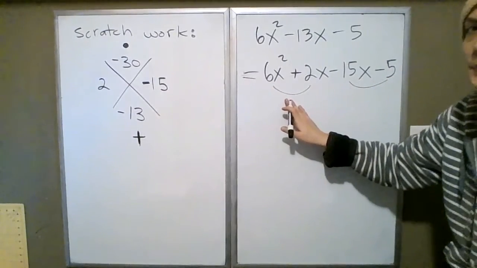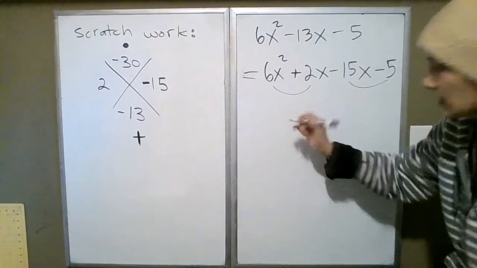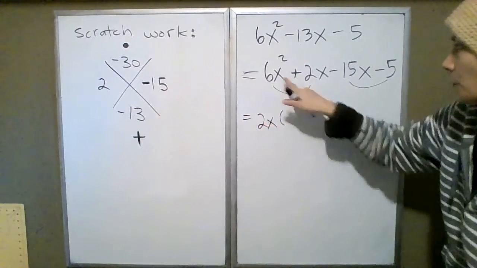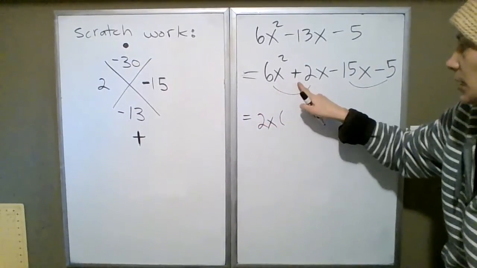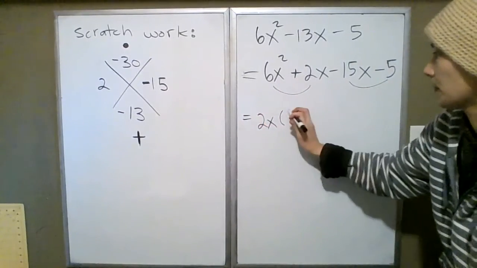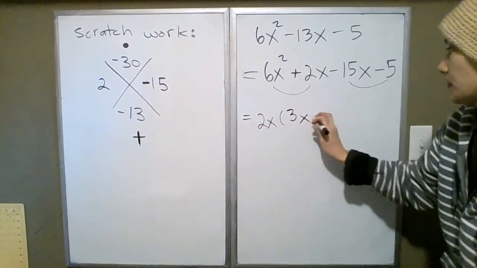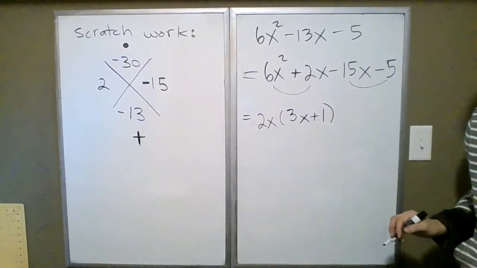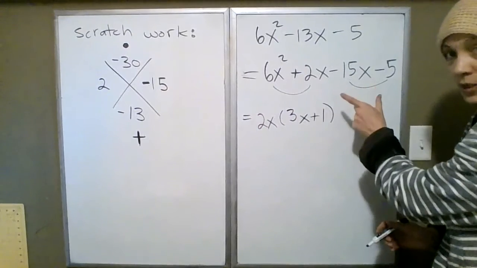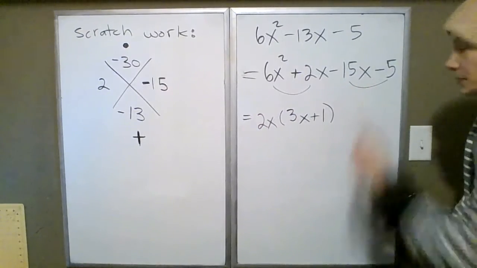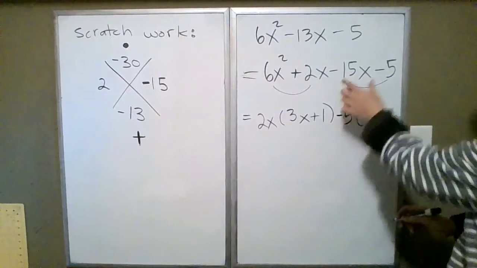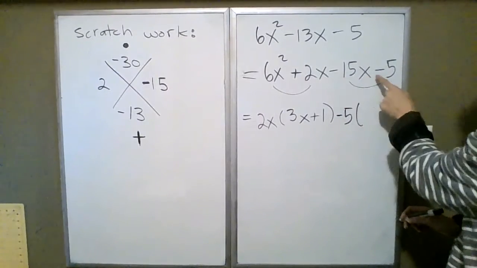For the first pair, factor out 2x. That would make 3x plus 1. And from the next pair, I'm going to factor out negative 5, which would leave a 3x plus 1.